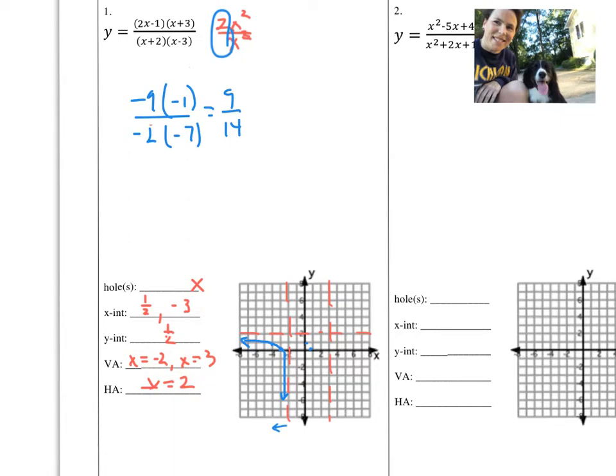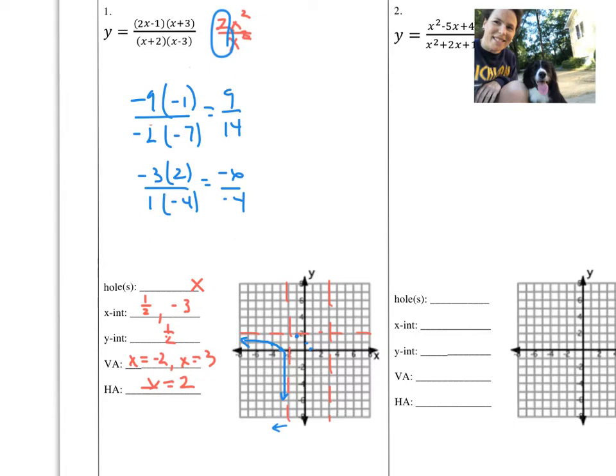In between the two asymptotes, I already have 2 points, so maybe I just plug in a -1. If I plug in a -1, I get -3 times 2 over 1 times -4, and that's -6 over -4, or 3/2, which is right here. I'll plug in one more point.